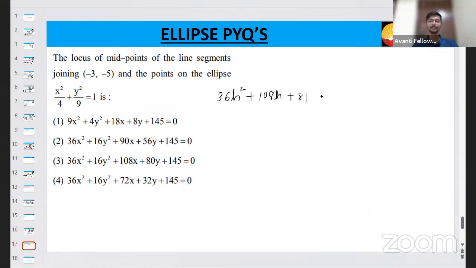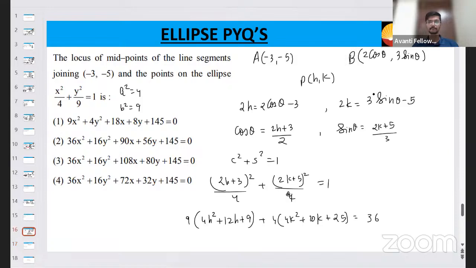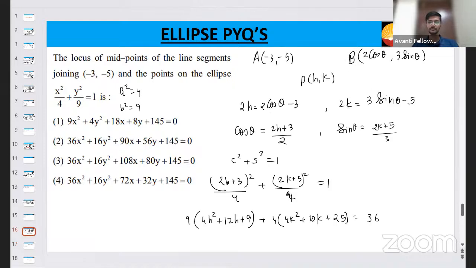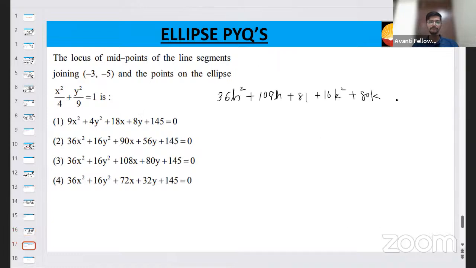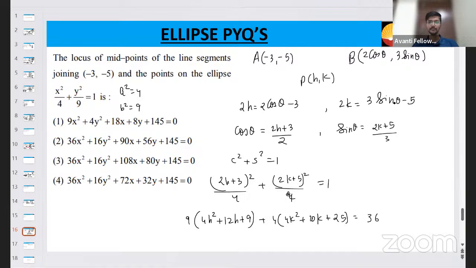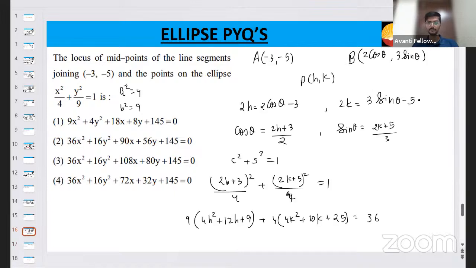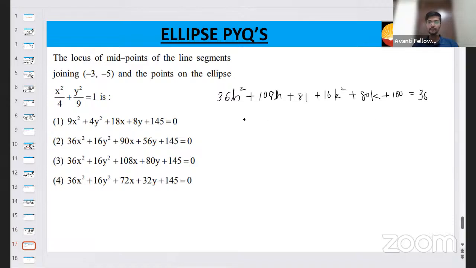Plus 16k square, plus 80k, plus 100 is equal to 36.